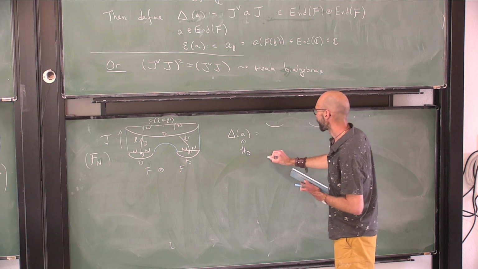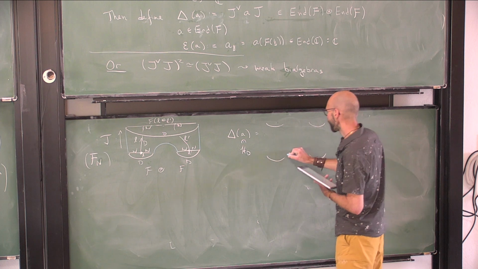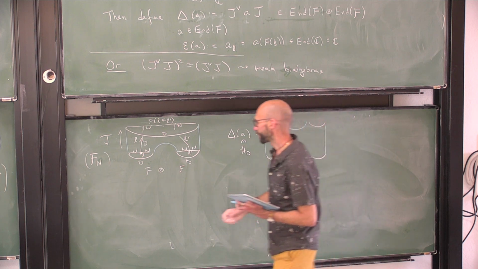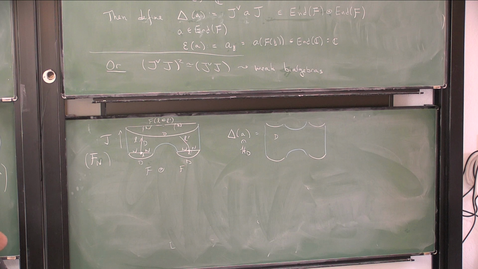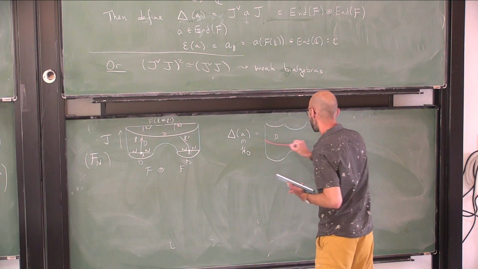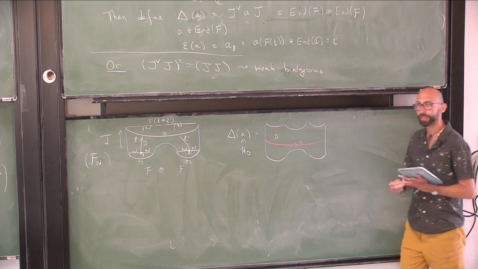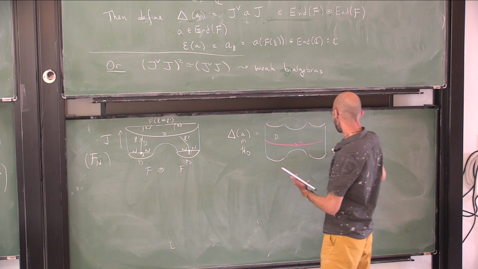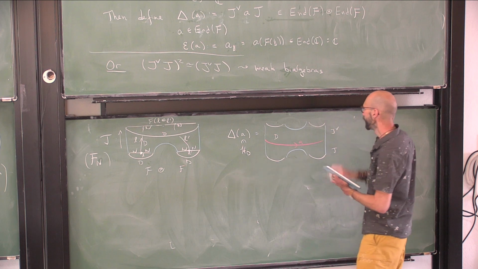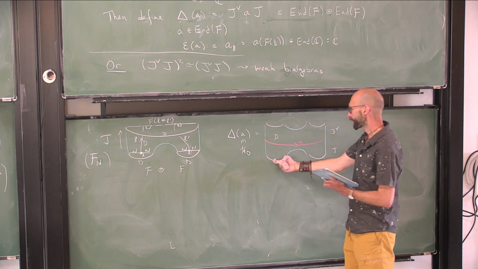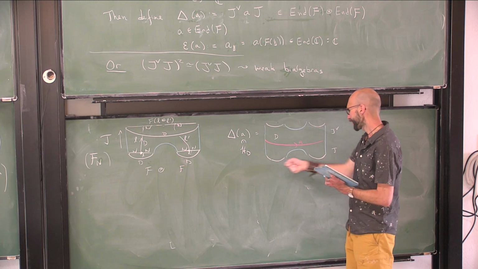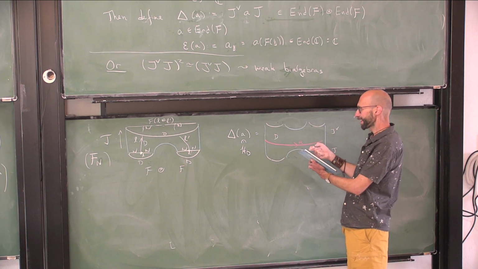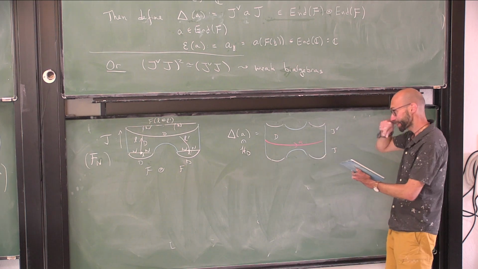I'm just going to draw it sort of schematically, but it's a thing that looks like this with D on the outside, and A inserted in the middle, and so that's J, that's J dual, and it now gives you a natural transformation from F tensor F to F tensor F. But you can also just read that as, well, you can try to decompose this picture any way you want.